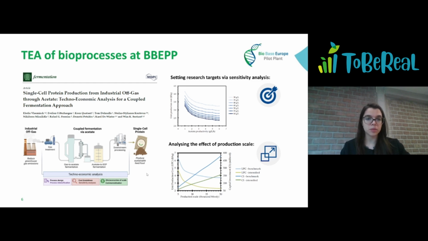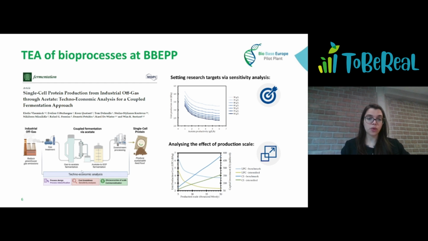So in this publication, we were talking about valorizing industrial off-gas through a dual-stage fermentation or a coupled fermentation via acetate, where in the first step, we convert the gas to acetate, and then in the second fermentation stage, we convert acetate to microbial protein.